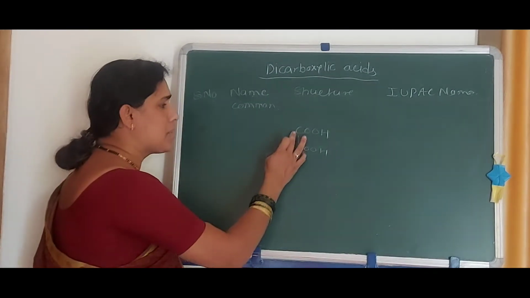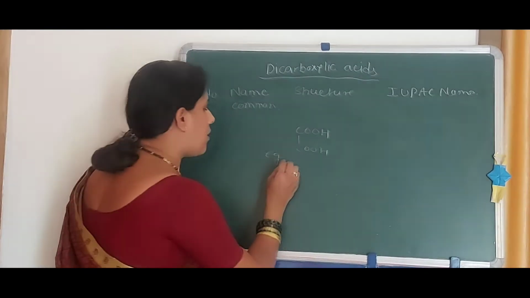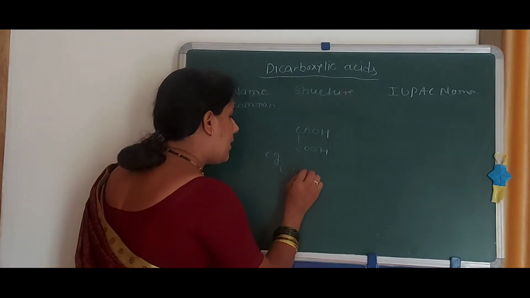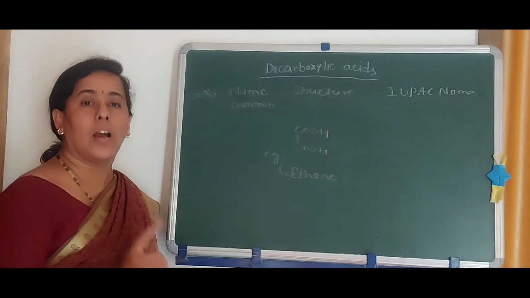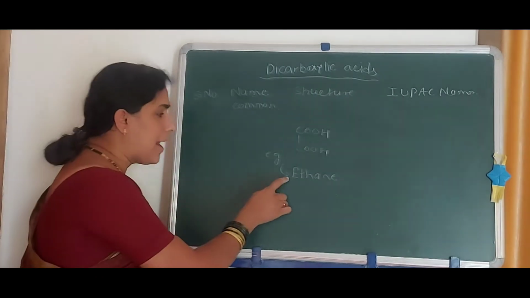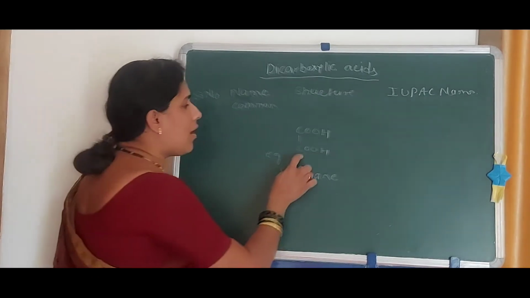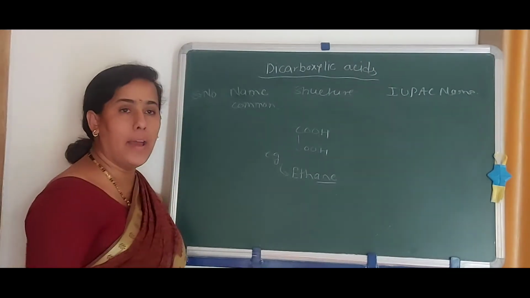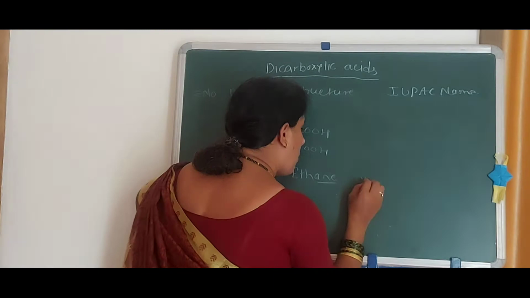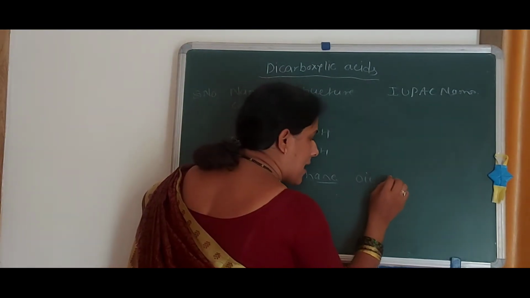Two carbon atoms. Therefore the parent hydrocarbon is ethane. In giving the IUPAC name, we have to replace ANE by which word? That is OIC acid.